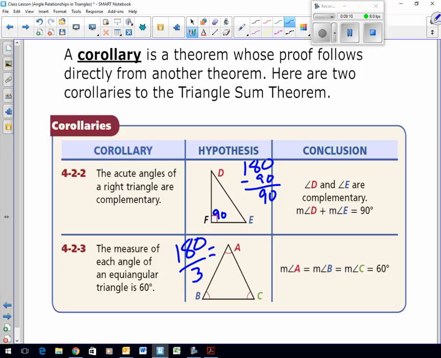So that's the part you were missing: 60 degrees in each angle of an equiangular triangle. Clear on that? What would we call this kind of triangle? It's called an equiangular or equilateral triangle.